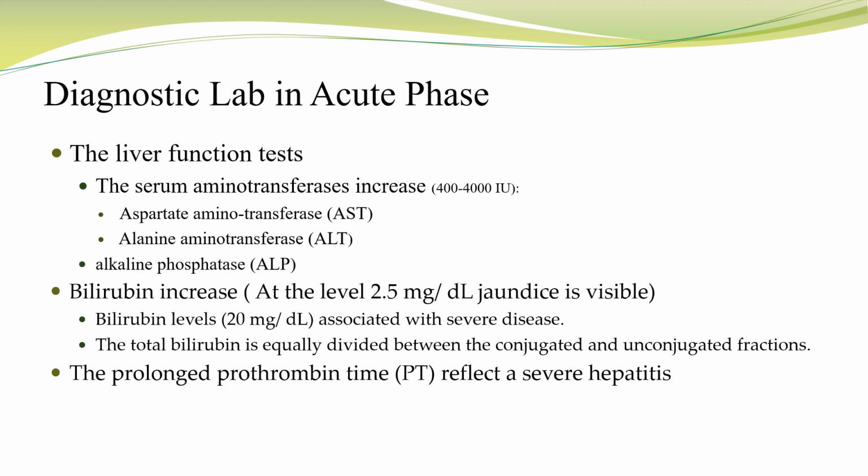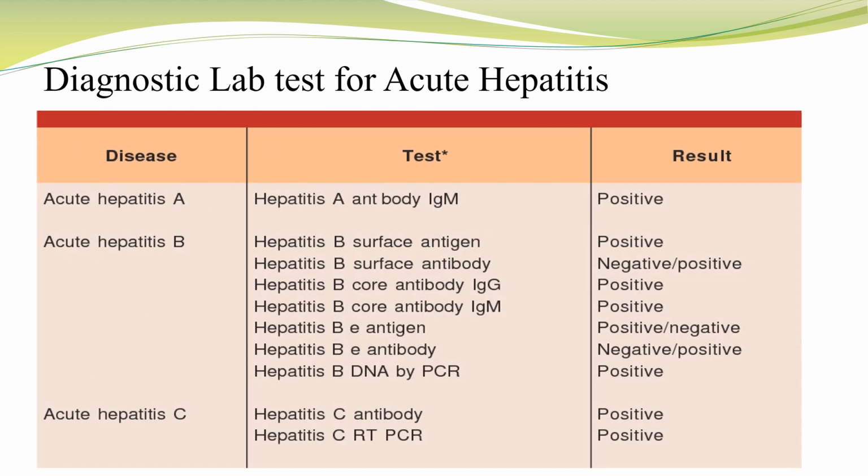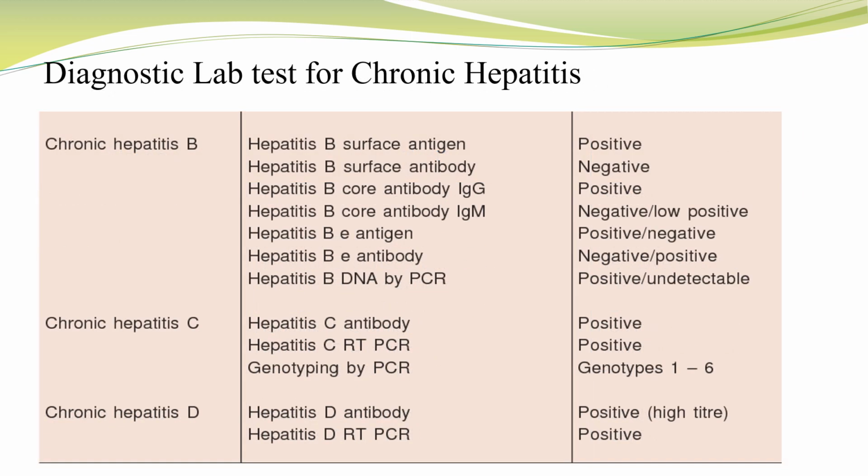And also prothrombin time could be prolonged. This is important for hepatocyte function. But the best diagnostic lab for different kinds of hepatitis is antibody and antigen that we already talked about.